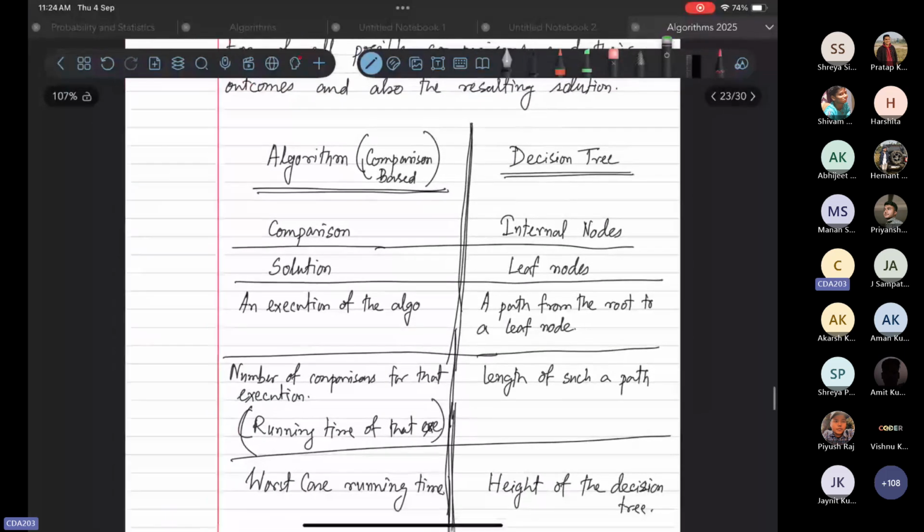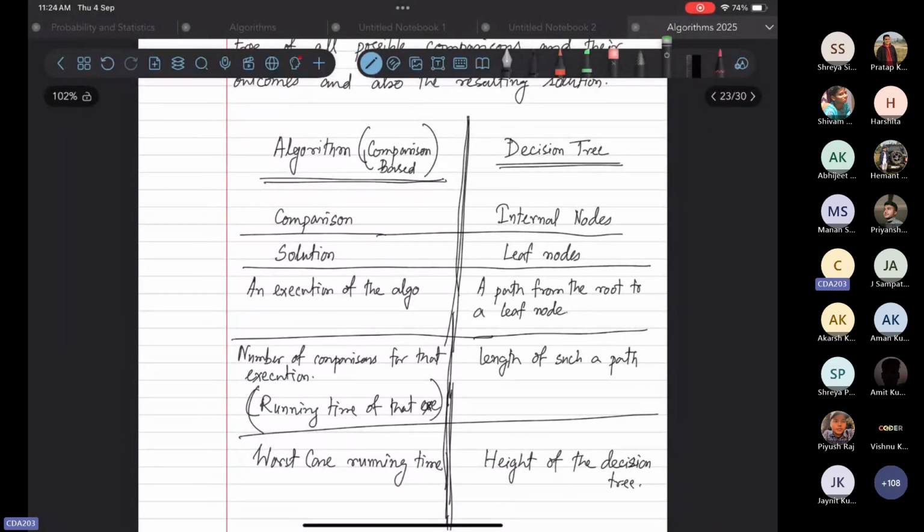So these are the main things to understand the relation between an algorithm and the decision tree. Any question with this? Once you understand this, then from this we'll do something and then we'll get the result. Any question regarding these analogies?